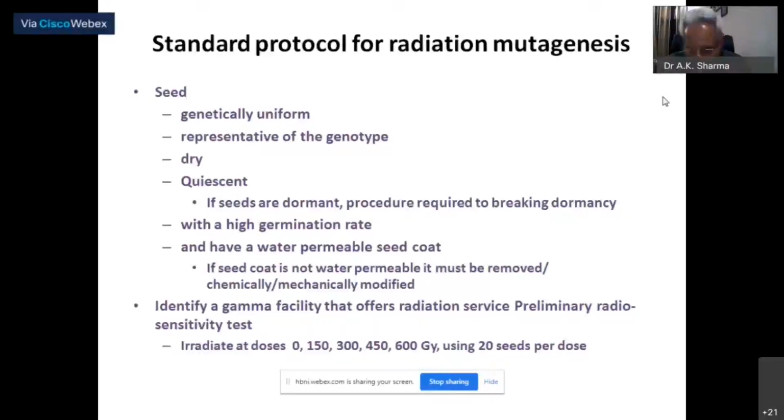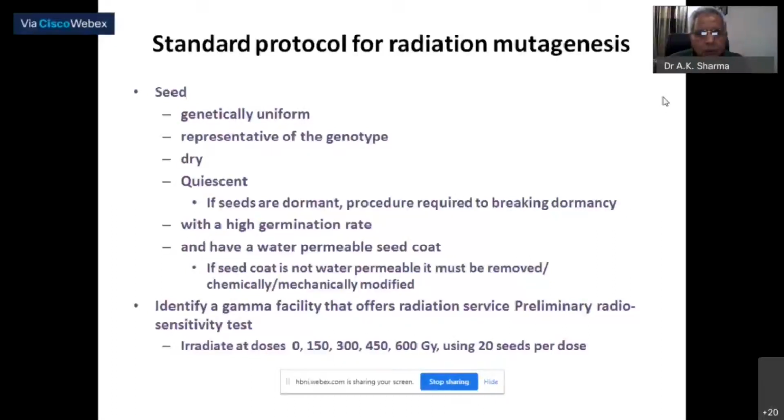Now, as I told you, many times seeds are so dormant that they don't easily grow in a laboratory setup. So many times you have to break the dormancy, which could normally be done by increasing, say, moisture or temperature. Sometimes such seeds also need a little bit of cracking of the seed coat so that their dormancy can be broken.